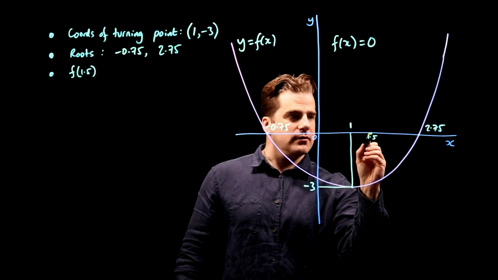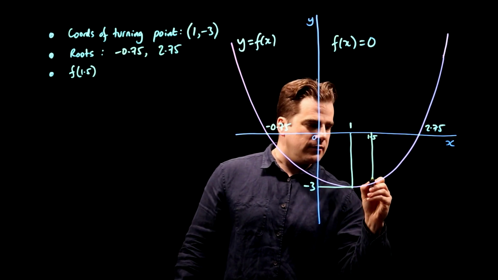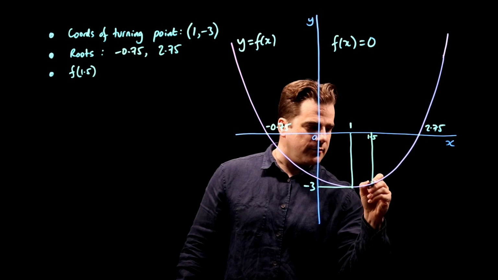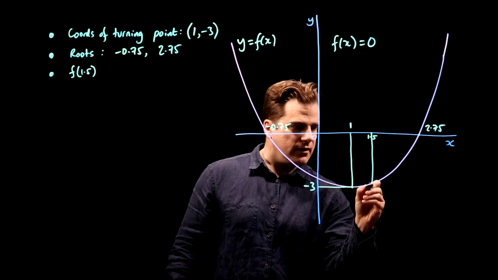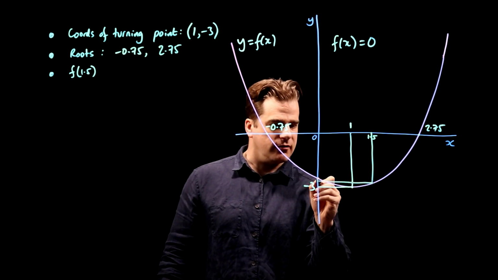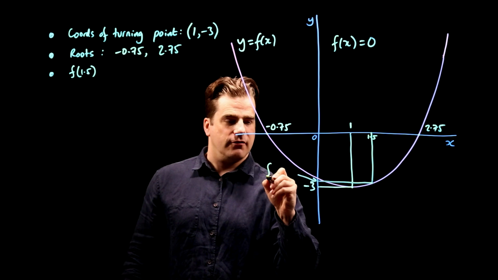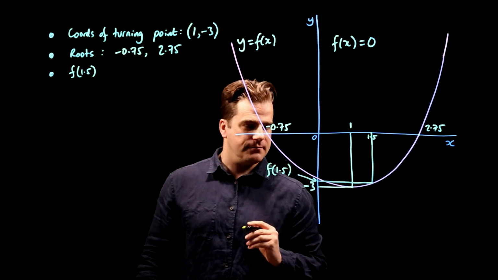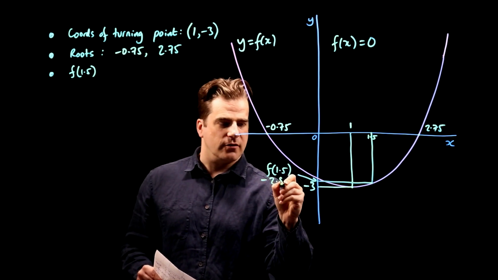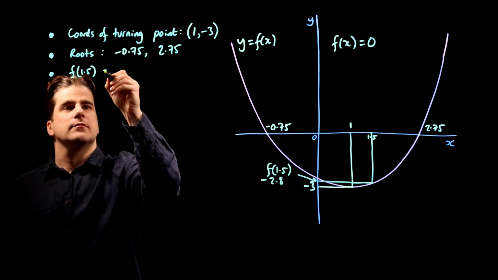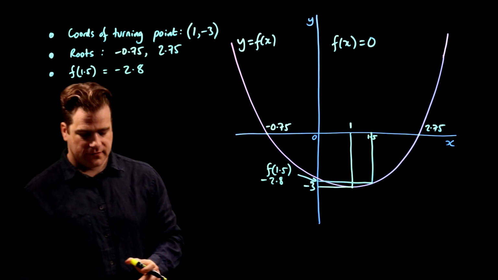Identify that point on the x-axis, go down and identify the point on the graph at which x equals 1.5, and then go across and read off the y value, and that will be f of 1.5. And that turns out to be -2.8.